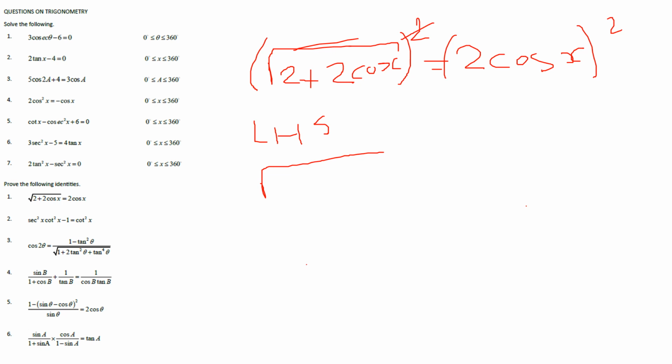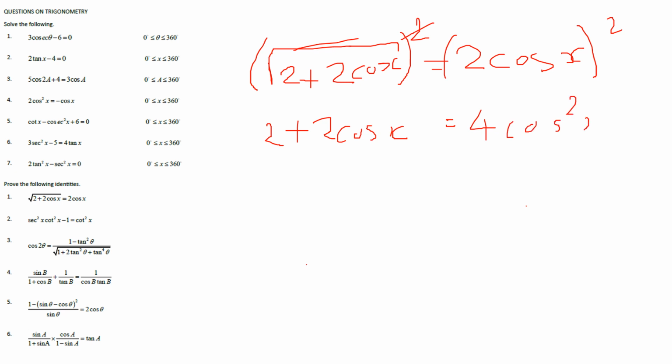But before I solve here, on my left hand side I will have 2 plus 2 cos x, and then on my right hand side it will be 2 squared, which is 4, and then cos squared x.